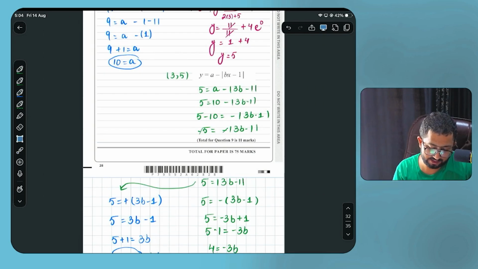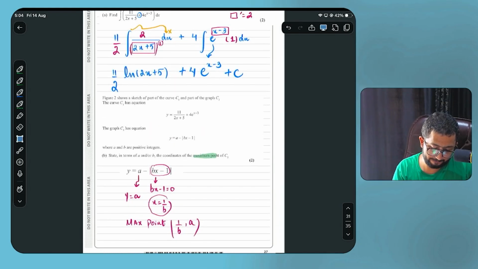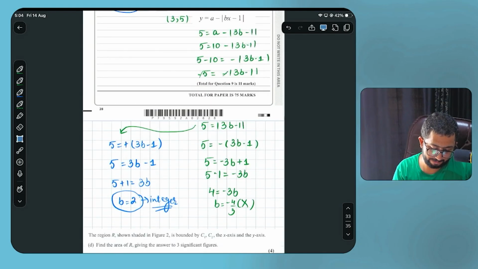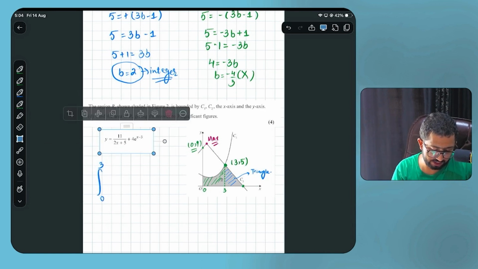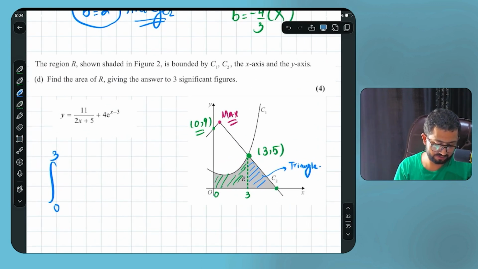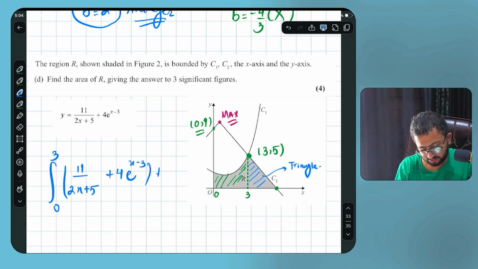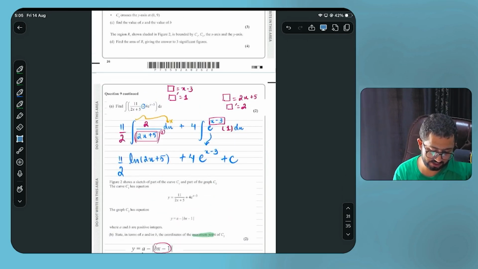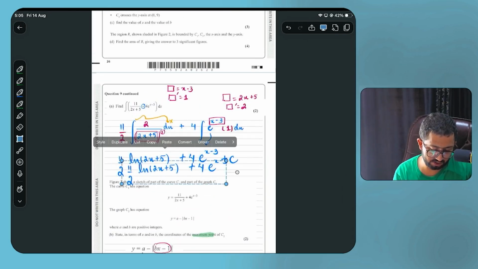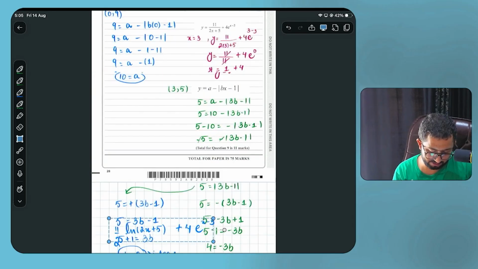Our curve is... I think we already did the integration of this function in the first part. So the integration of this function is this one. Make sure you do not put plus c because limits are given.